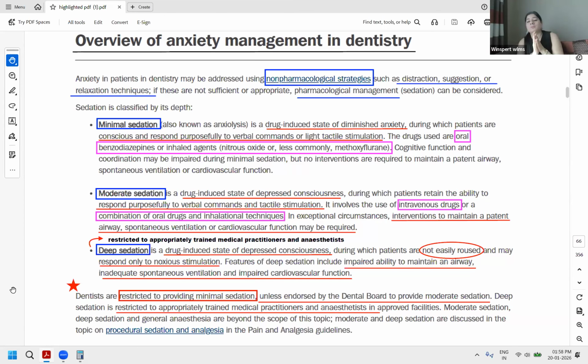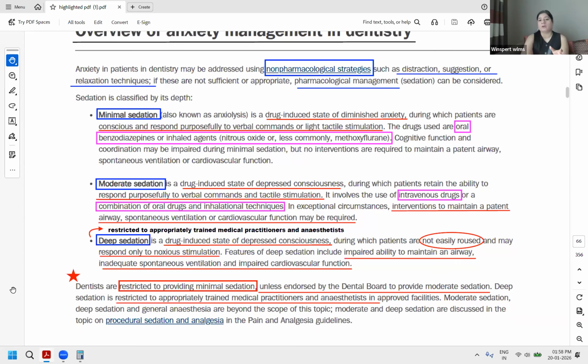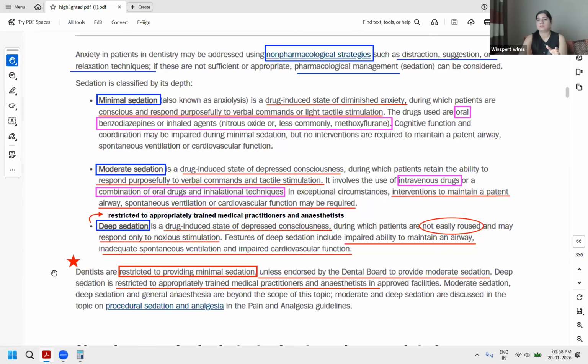So anxiety management emphasis should be given to all the non-pharmacological strategies like distraction, suggestion, or relaxation techniques, right? And then the pharmacological management should be considered when these non-pharmacological strategies do not work.